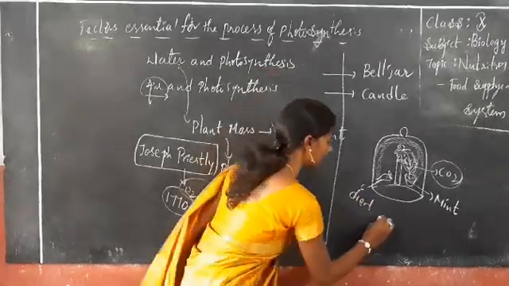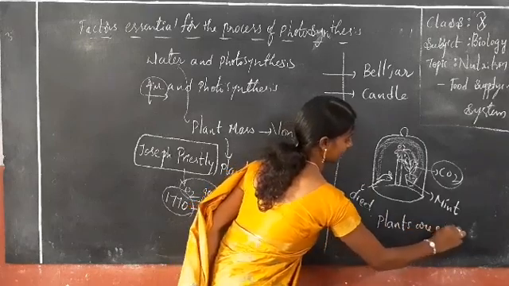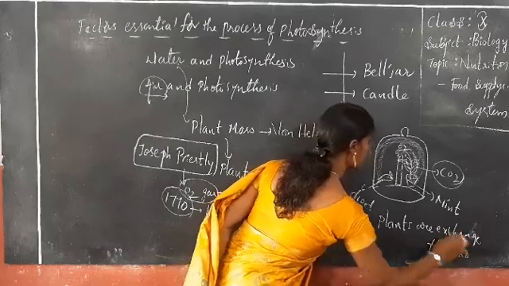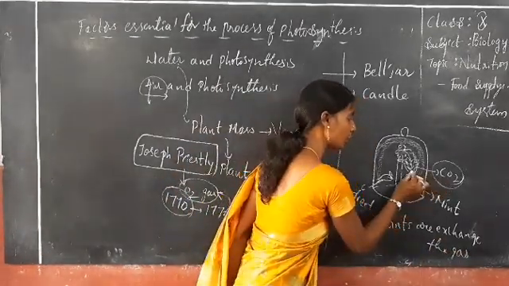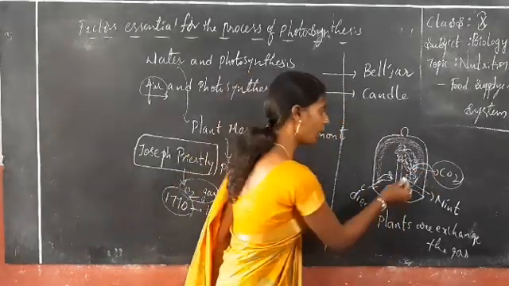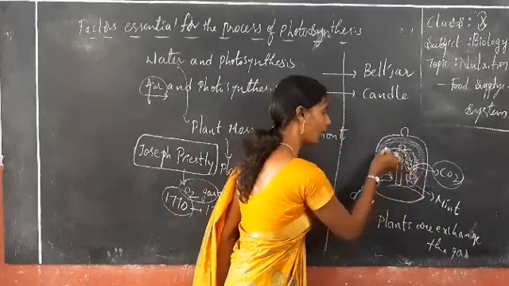Finally he concluded that plants exchange gases. This is the main thing he observed. How can you identify here? CO2 will be there, no? The CO2 is taken by leaves. And which gas is released? Oxygen.